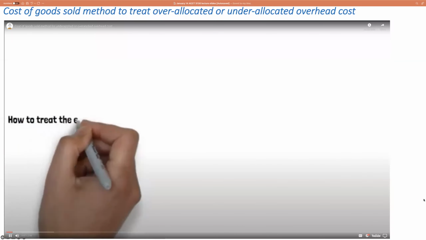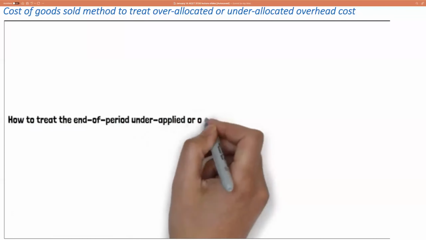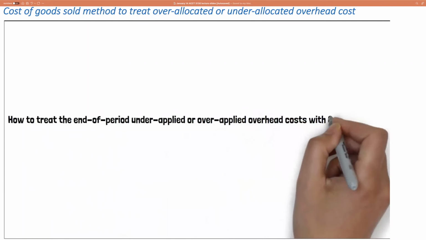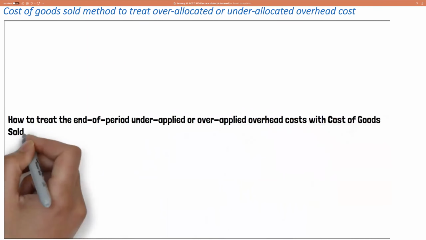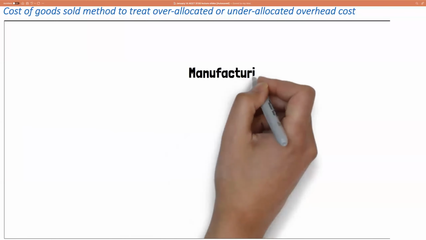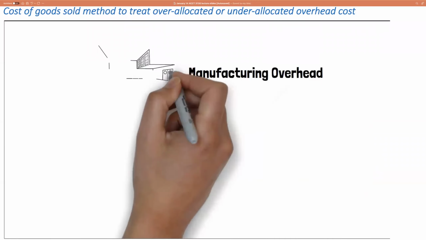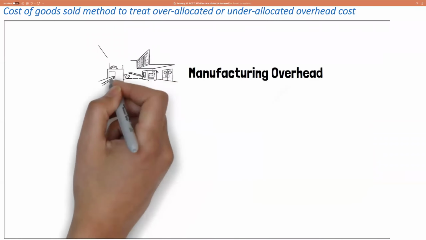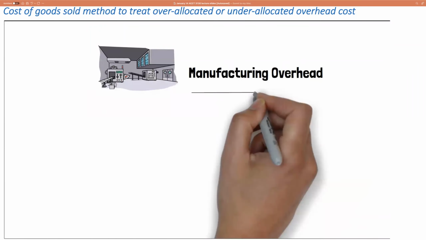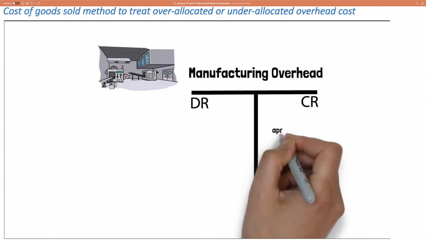Well, today I'm going to show you how to treat the end of period under applied or over applied manufacturing overhead costs with the cost of goods sold method. So let's take a look at manufacturing overhead. We are using once again the T account to illustrate the method. On the T account, the left side is the debit side, the right side is the credit side.